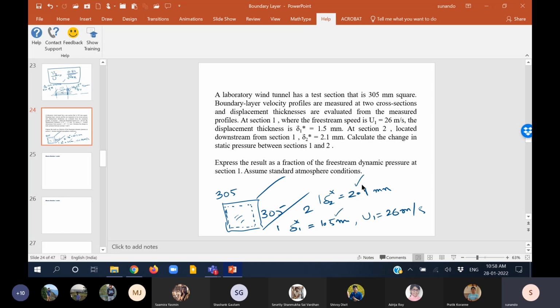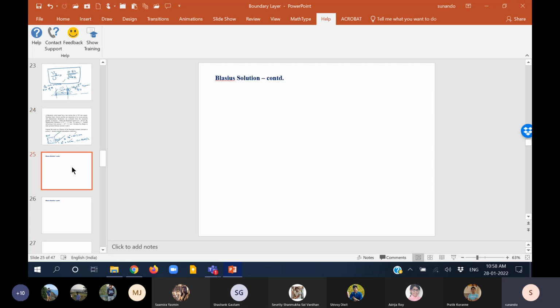So the entire problem then becomes an inviscid flow, where I have flow through this and obviously over here.